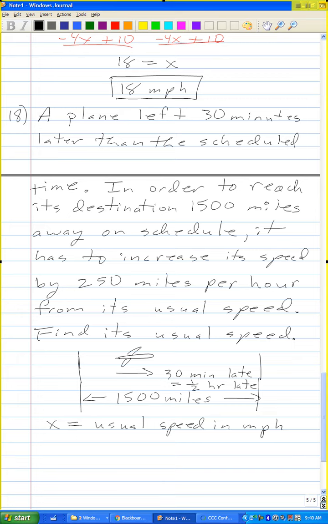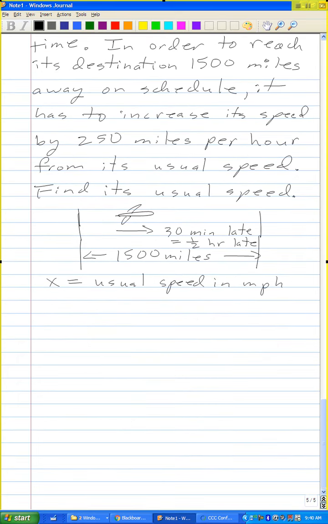Okay, so we have here distance equals rate times time. Therefore, time equals distance over rate.